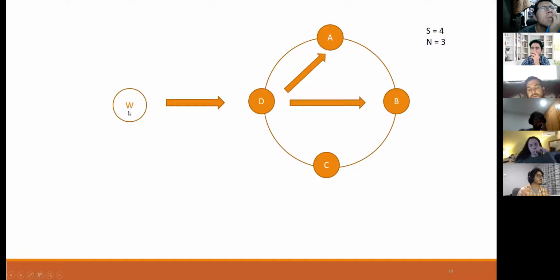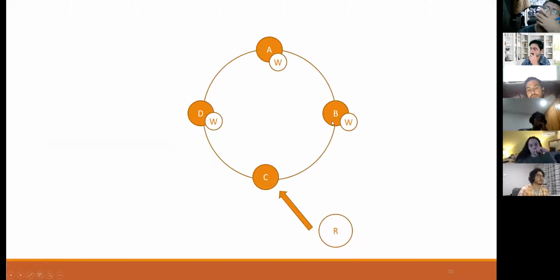In this case, we are trying to write into D. So D contains this information and it is replicating into A and B. And this is how it looks because of our previous action in the system.